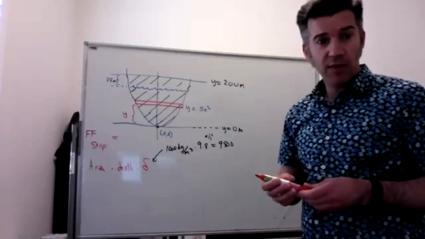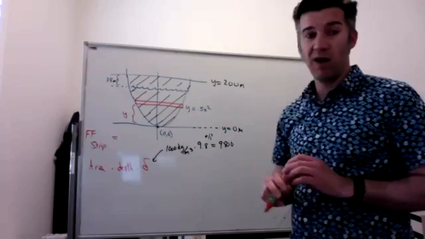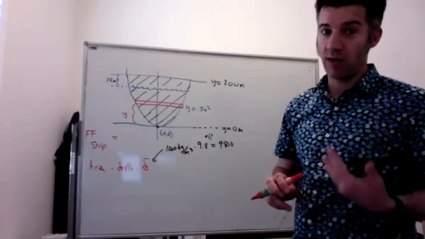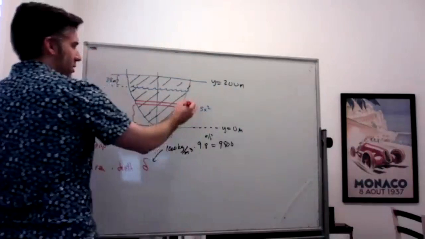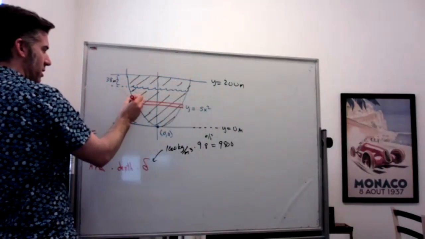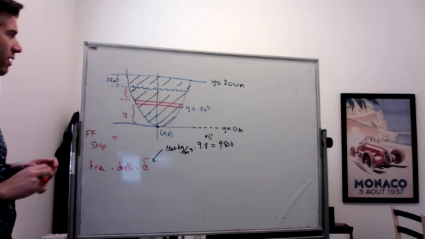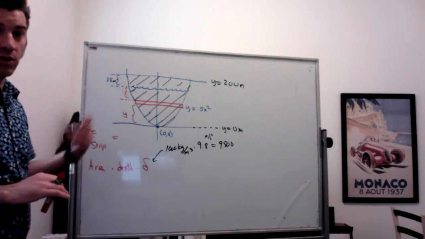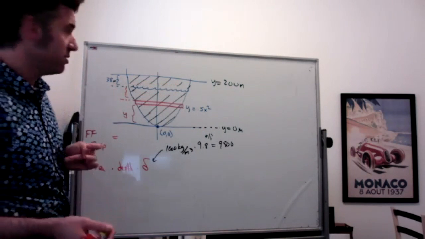What's the depth? Well, it's a good question. How far below the water level is this strip? I don't want to go from here to the top. I want to go from here to where the water is. Well, that water level is 38 meters below the top. So 200 minus 38 is 162.